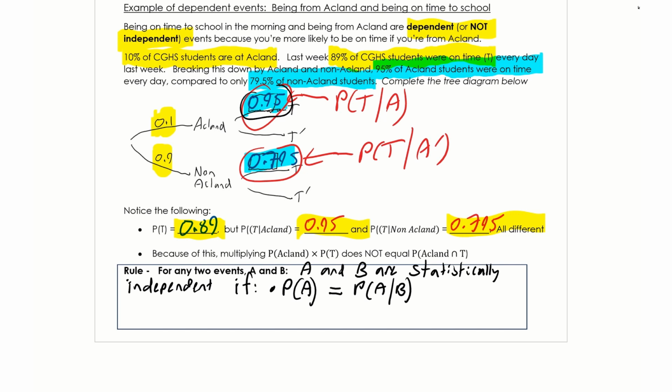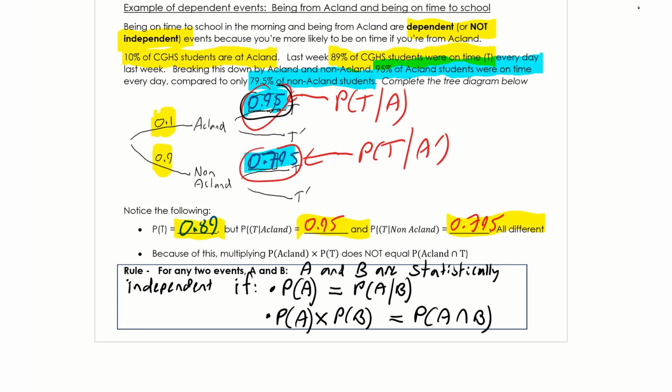The other way you can test whether they're independent, which is sometimes easier, is if you multiply the probability of each event, so the probability of A times the probability of B, and you get the probability of A and B both happening, then it means they're independent. Now the opposite is true as well. If either of these statements is false, then it means that they're not independent.